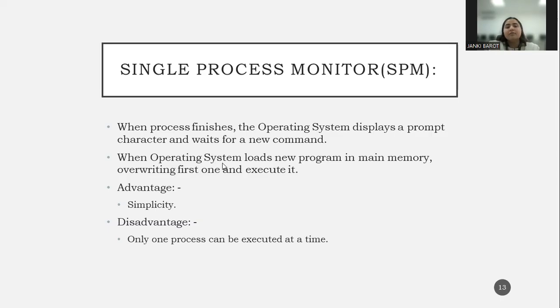When another program is loaded, it will overwrite the previous one, and then it will be executed. The advantage of this memory allocation is simplicity. But the disadvantage is that only one process can be executed at a time.